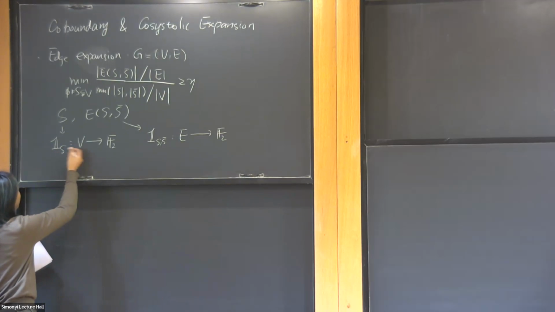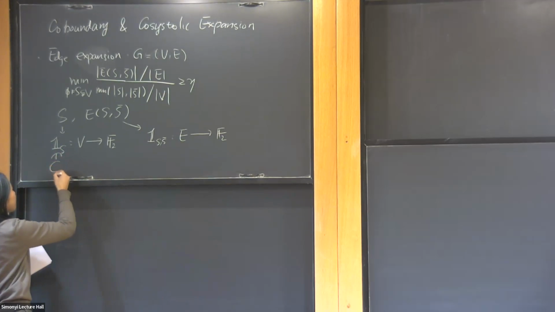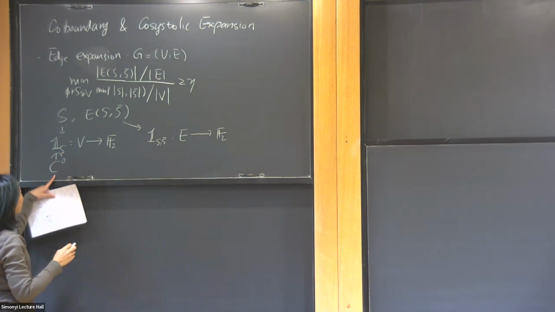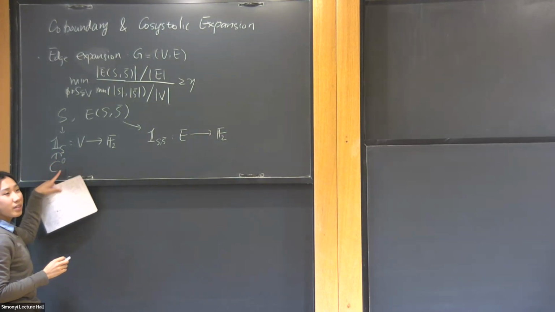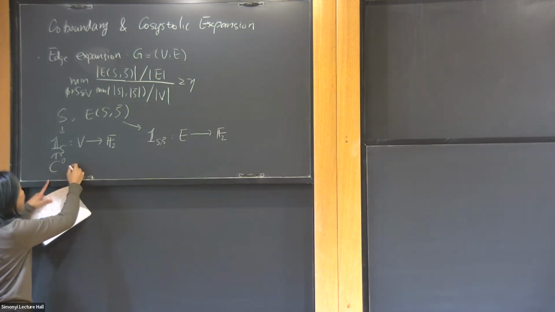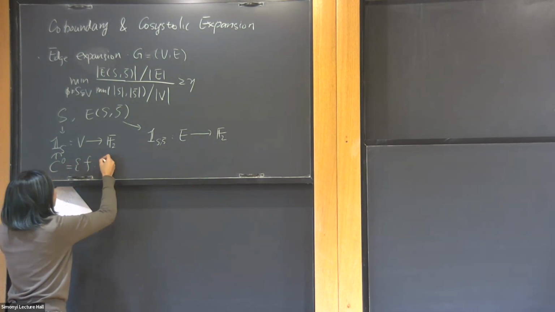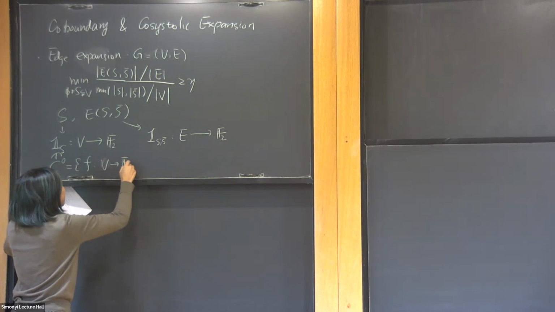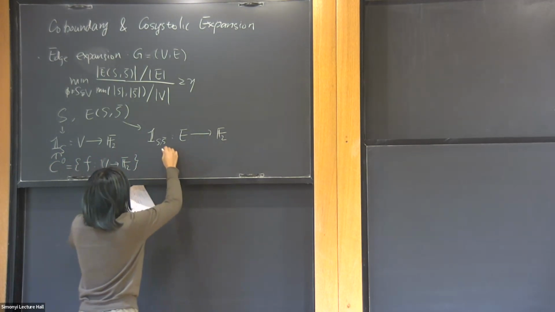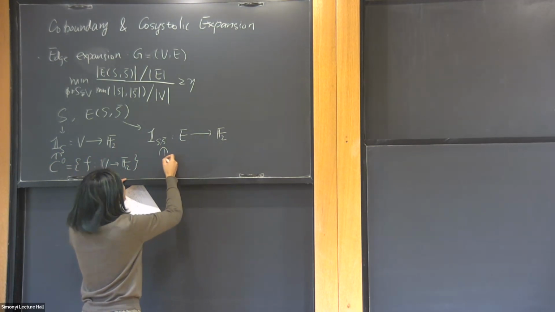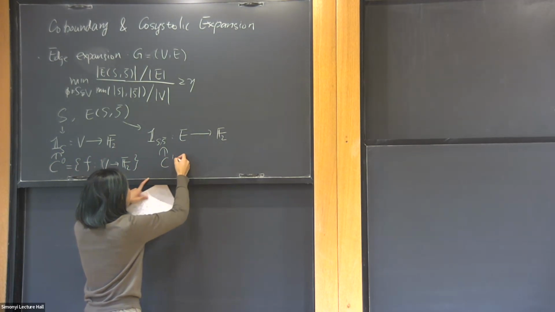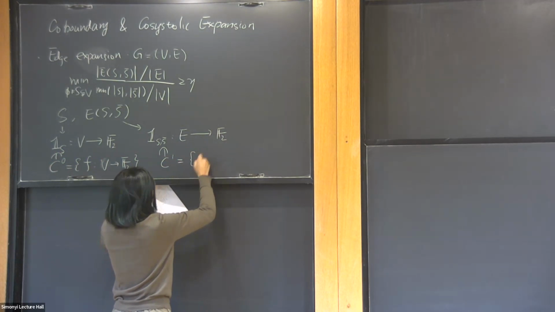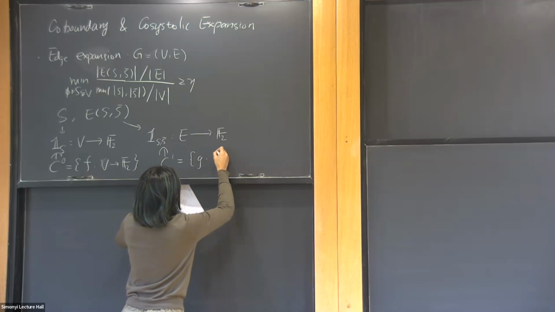We also define the set of all functions over the vertices, which we denote by C0, and it's called cochain. Don't worry about the name; it's just the collection of all functions from V to F2. Analogously, we define the set of all functions from edges to F2.